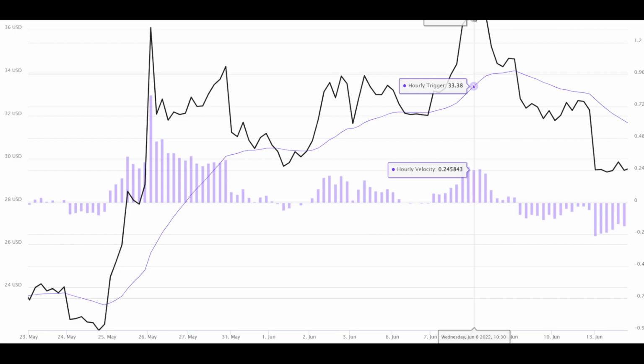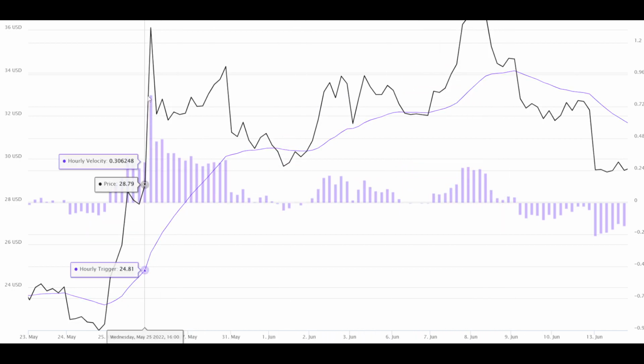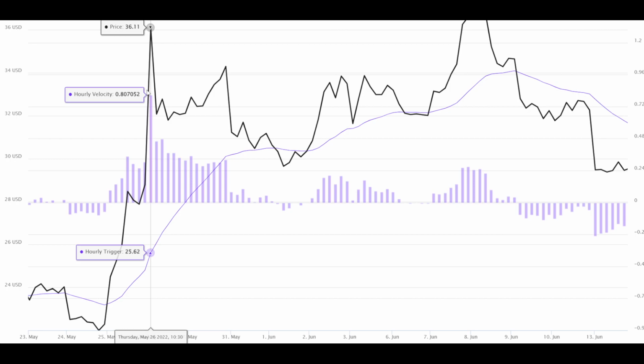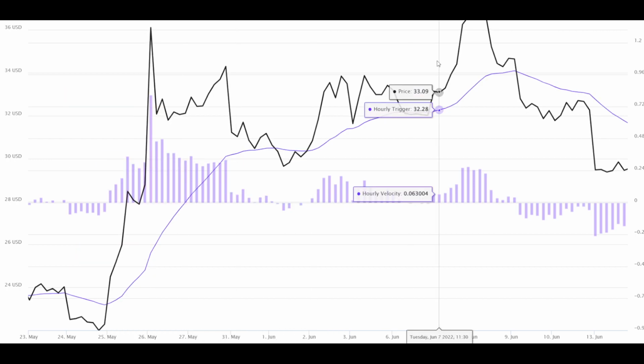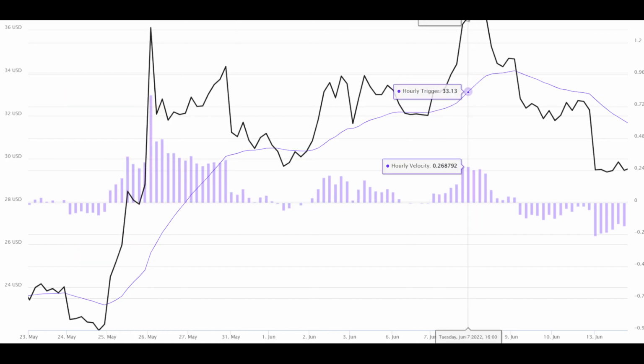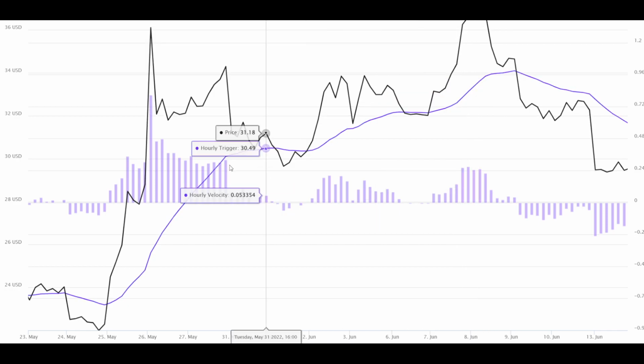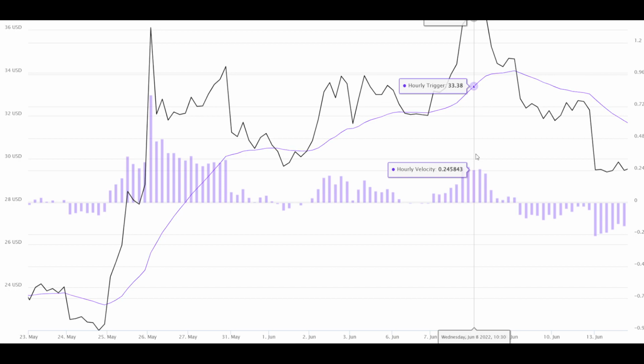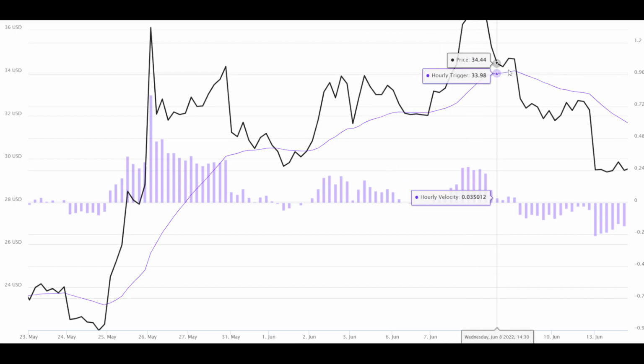But sometimes even after 1 or 2 new highs, price will snap back down to that trigger. So over here you can see we made a high of 36.11 with an hourly print of 0.8. And when we made a new high here of 36.62 and then another high of 36.9, but velocity was not as high as it was here, most of the time price will come back down to the hourly trigger.